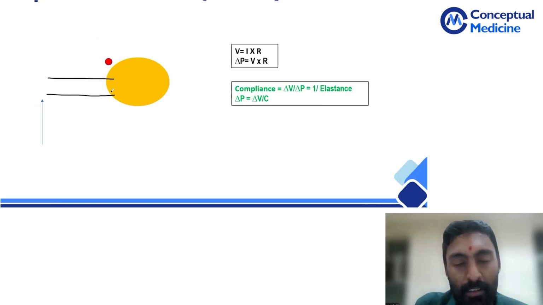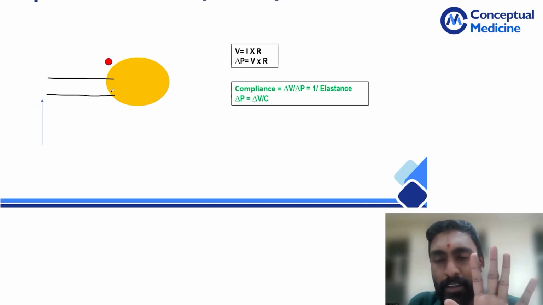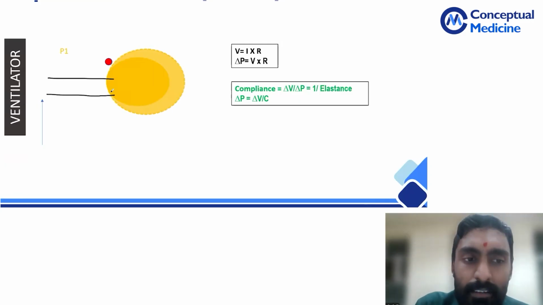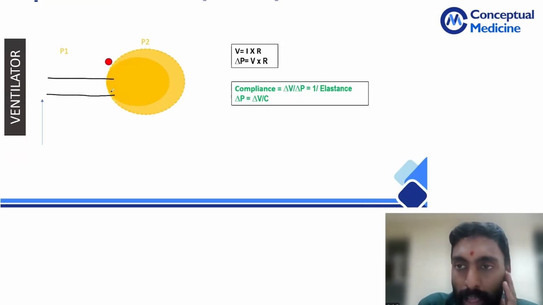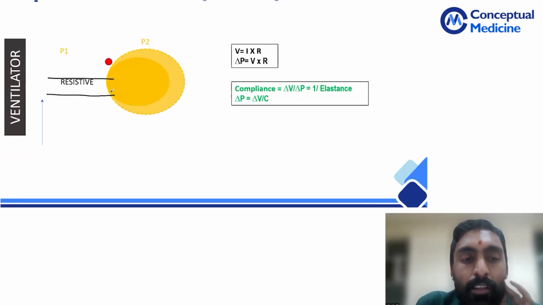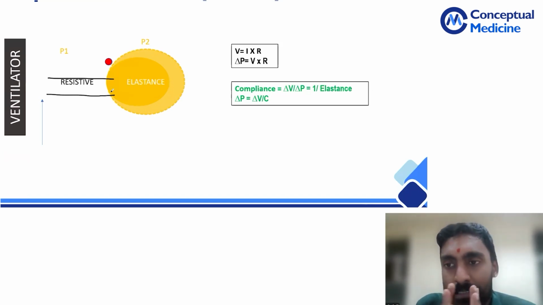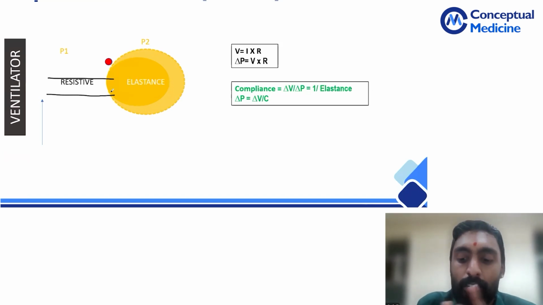The pressure that is going to extend to the airway will also extend the alveoli. If I take this as a ventilator, the pressure applied at the level of the airway or the mouth is your P1 and the alveolar level is your P2. So you have a component of resistive force, which is the airway, and the elastance or the compliance that is happening in the alveoli.